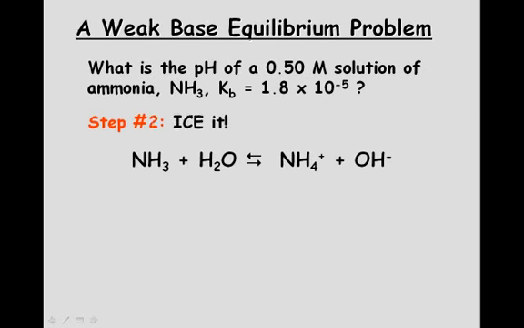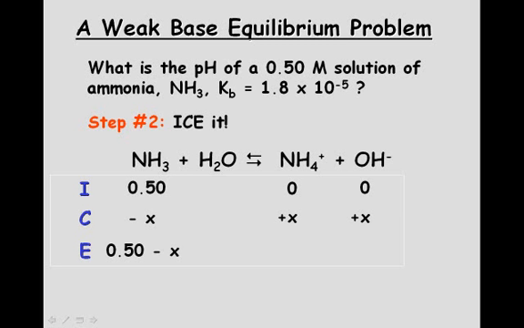Now, just as with the weak acid, we want to put this into an ICE table, and it looks like we're starting with 0.5 of the NH3, none of the NH4 plus or the OH minus, and so that NH3 is going to go down by x, and then each of the products there will go up by x.